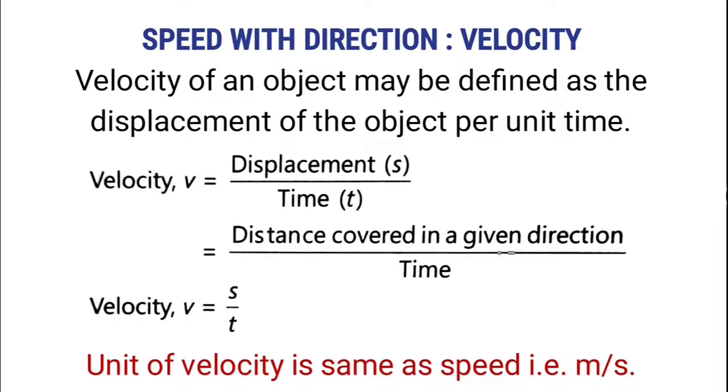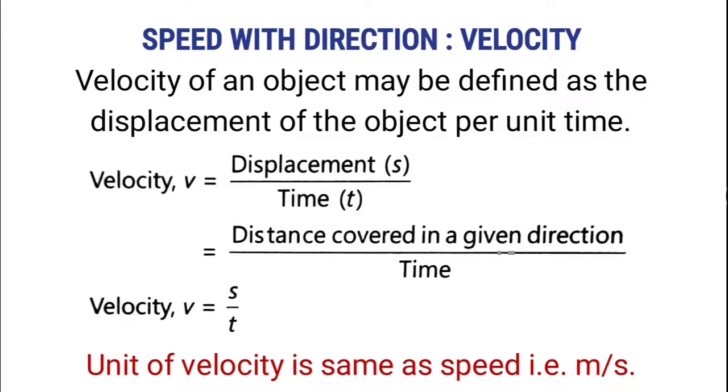So velocity is known as speed with direction because it also tells us in which direction the object is traveling, in which direction the object is covering a distance. So velocity is defined as displacement of the object per unit time. That is, velocity is equal to displacement upon time.